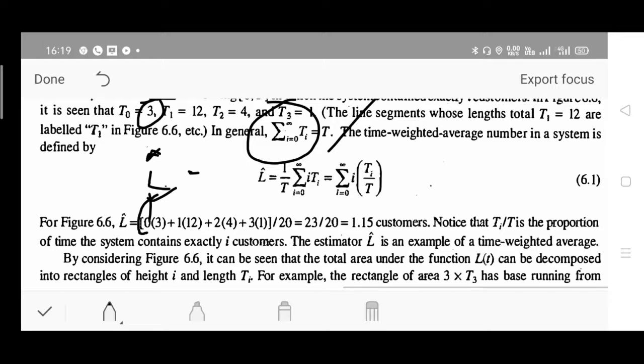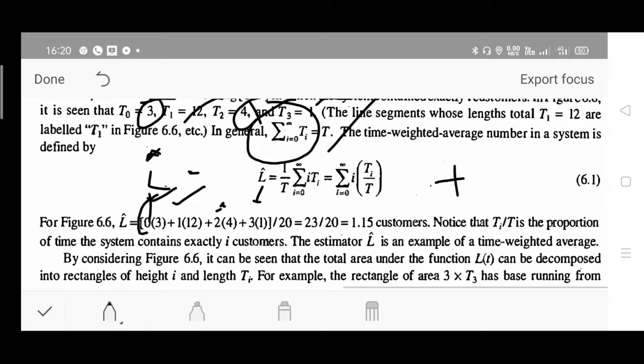Summation means you have to go for addition. Next interval T1, that is 1 into the value of T1, substitute 12. In addition, T2, use suffix 2 in multiplication with 4, right? In addition, T3, that is 3 in multiplication with the value 1.